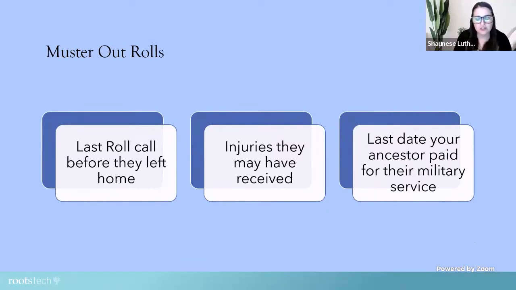His name's not very common, but if it was a common name, his muster out roll stating he has an injury in his eye, and his pension record stating the same, I would know I have my right guy. So these can go hand in hand as you're trying to find these records and you're not sure. If they have an injury listed in the pension record and you find it here too, then you know this is your right individual.